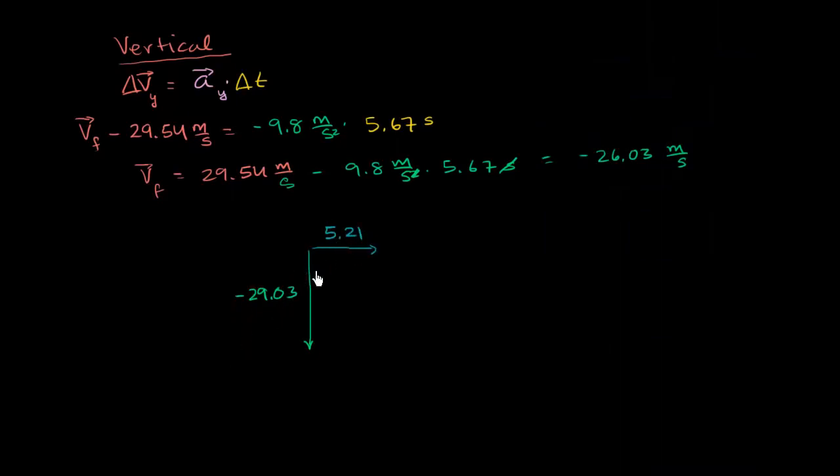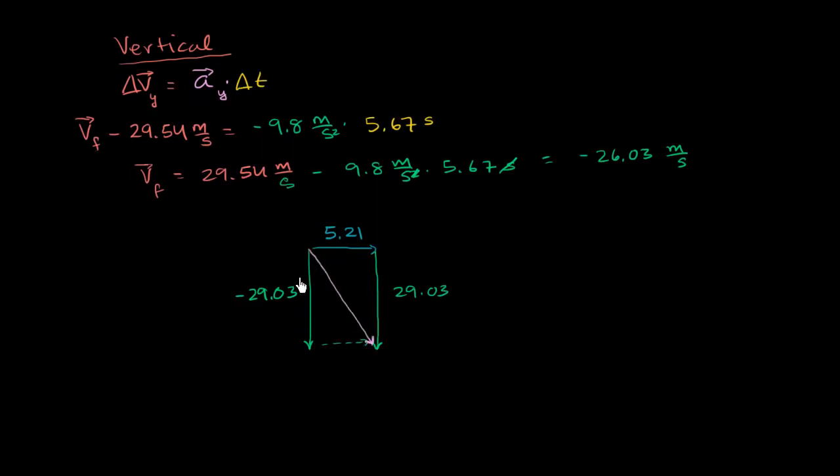So what is the total velocity? Well, I can do the head to tails. So I can shift this guy over so that its tail is at the head of the blue vector. So it would look like that. The magnitude of our vertical component is 29.03. And then we can just use the Pythagorean theorem to figure out the magnitude of the total velocity upon impact.